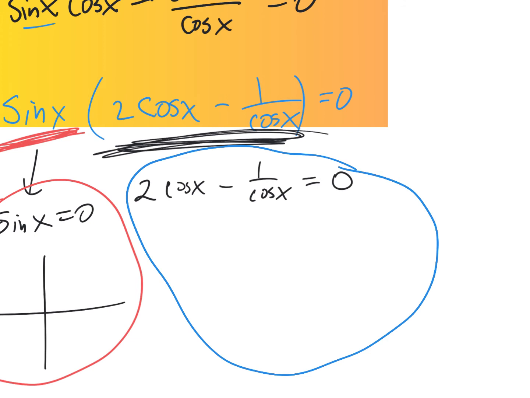How am I going to make that equal 0? I should probably make a list of rules.